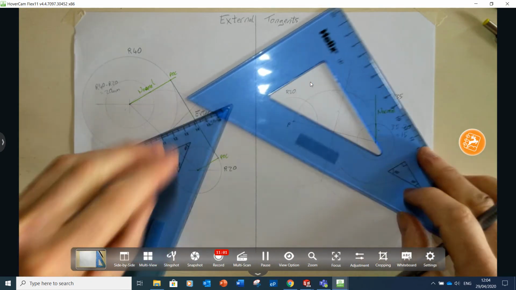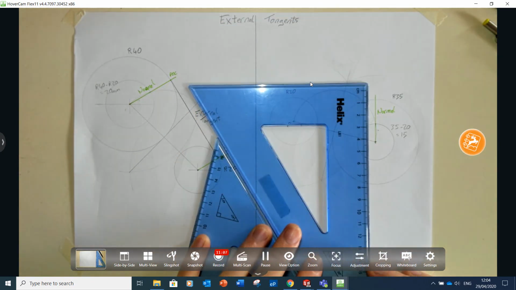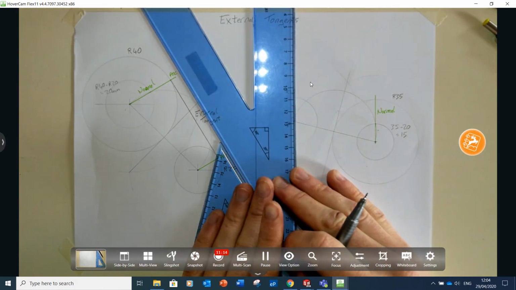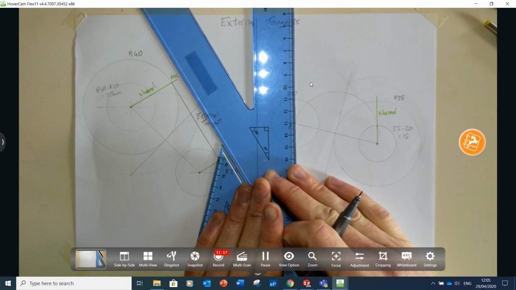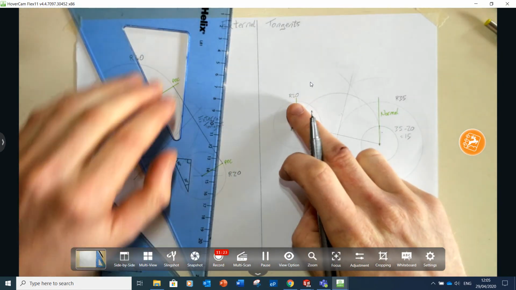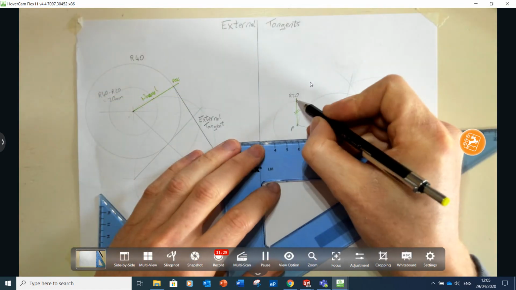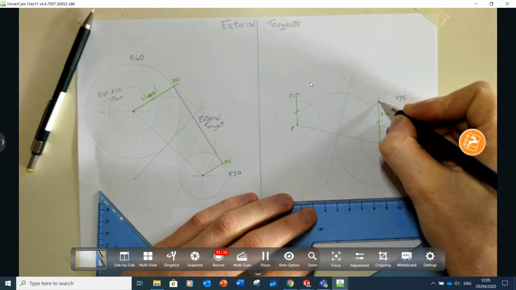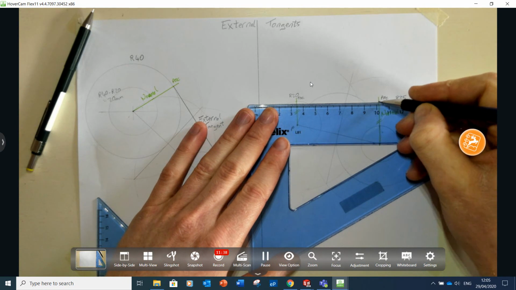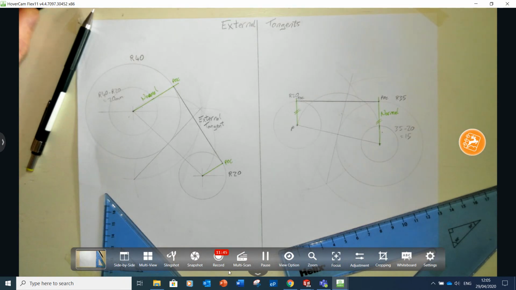I am going to go parallel to that normal, and draw my second normal up here, so the two normals are parallel. And then where the normal intersects the larger circles, I will label it POC, POC, and there's my tangent. And that is how we draw external tangents.